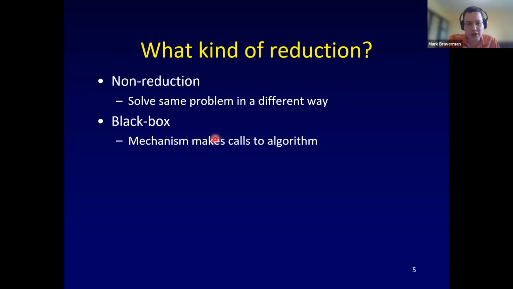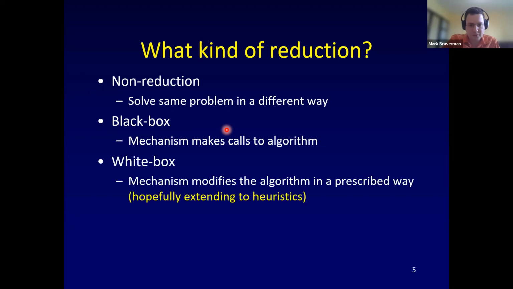Someone gives you a black box with the algorithm, you're allowed to make calls to it, and based on that, you're supposed to compute the outcome of the mechanism. An open or white box reduction is one where you're allowed to modify the algorithm. One hope for both black box and especially white box reductions is that they would work even if you have a heuristic and not an algorithm.